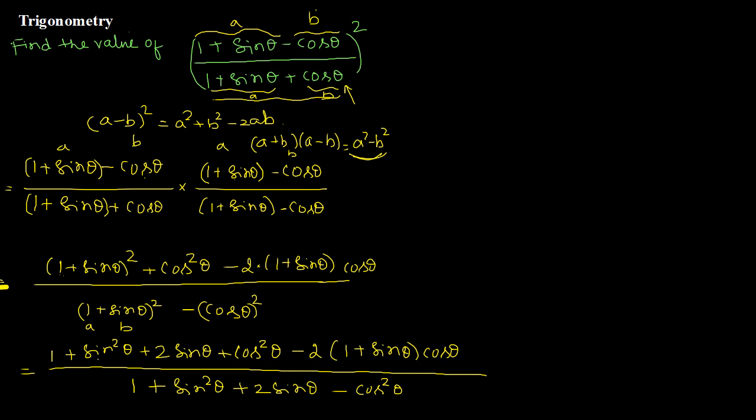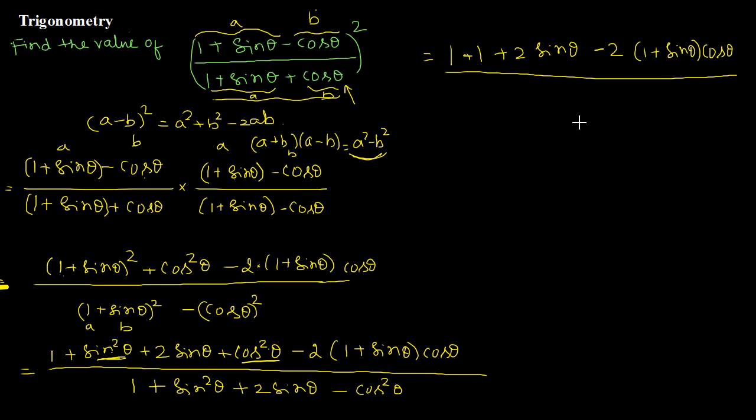As you can see here, sin² θ plus cos² θ is 1. So that makes it 1. I'll keep 1 as 1, and for sin² θ plus cos² θ, I'll put one more 1. Then plus 2 sin θ minus 2(1 + sin θ) cos θ, right?